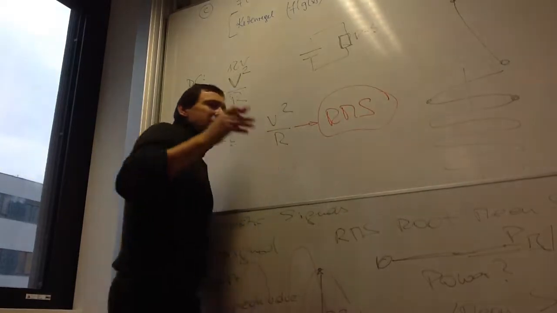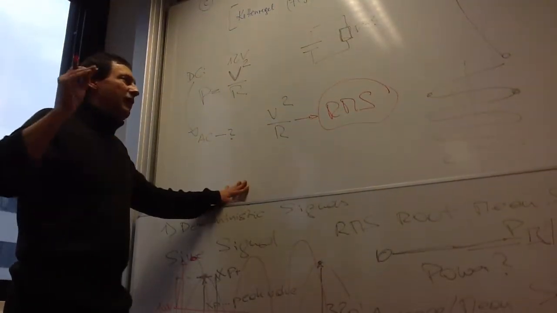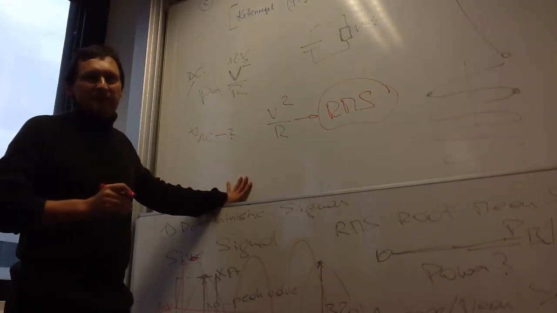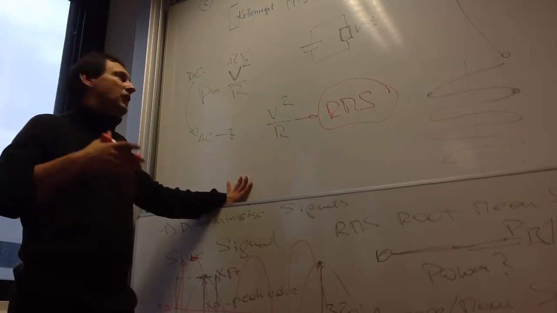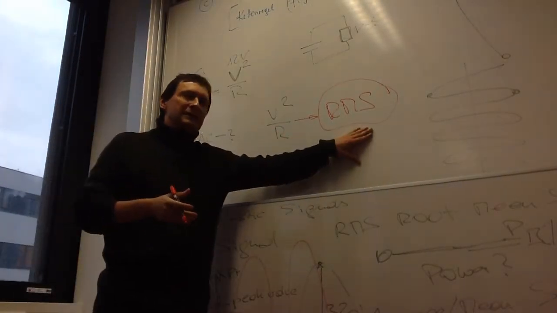So normally, if you have an AC signal, you always state the RMS value, though it's pretty complicated to calculate.